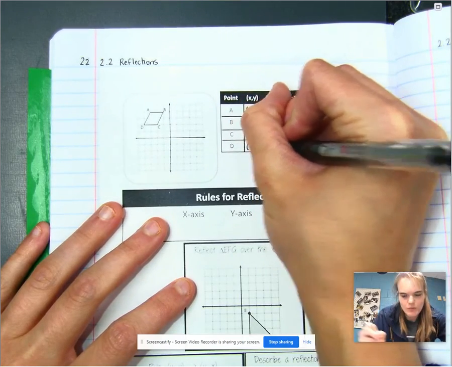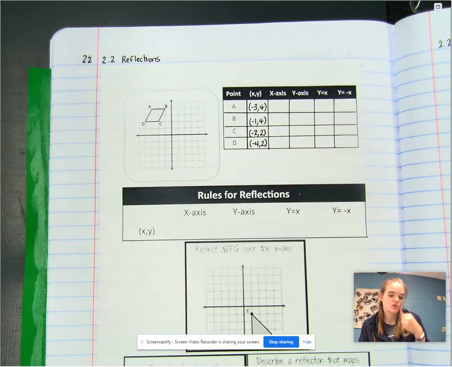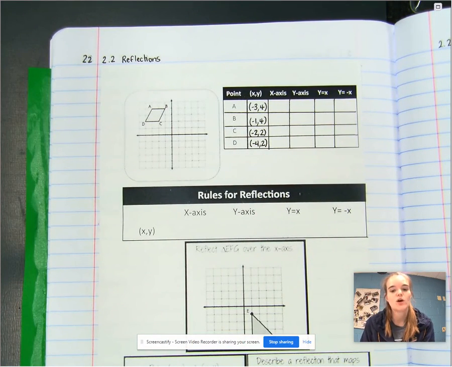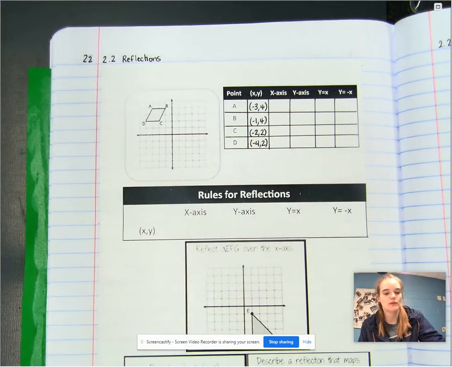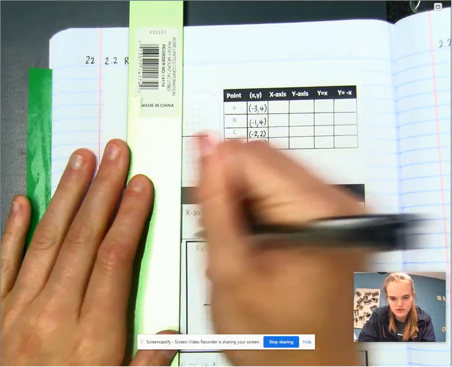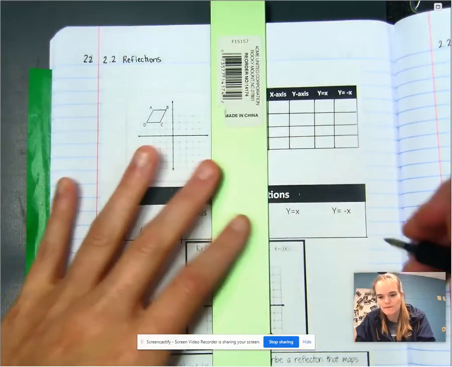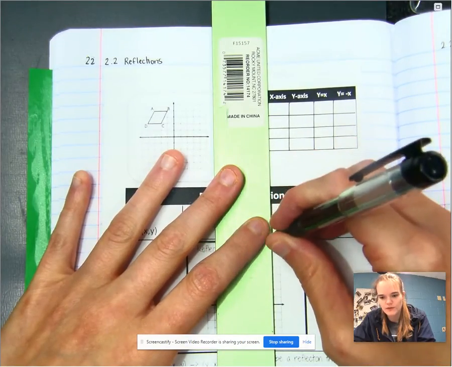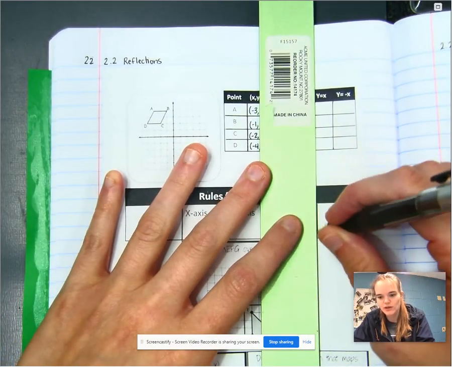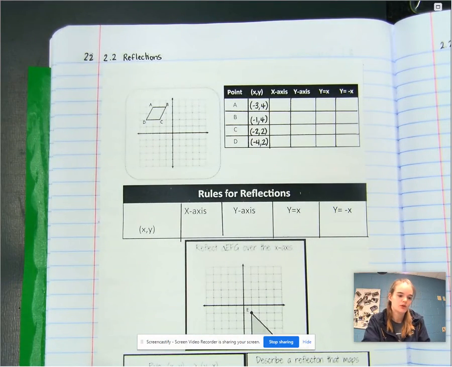Alright, this box here is designed for you to be able to recognize what the rules are. And we're going to write the rules down right here. We're going to separate these as well. So, you're going to need some highlighters today. You're going to need 4 different colors. I'm going to use green, orange, pink, and blue.